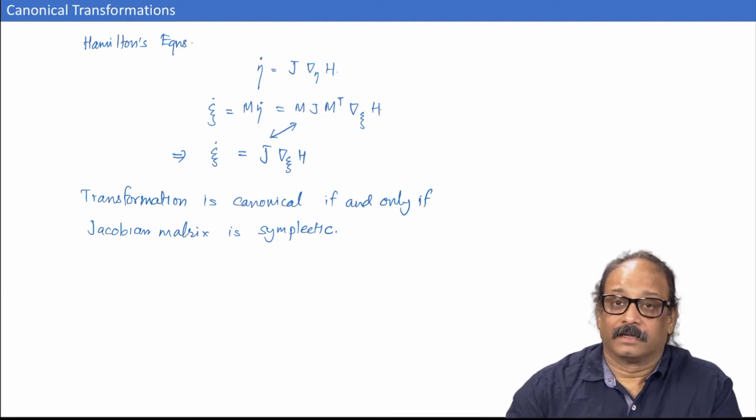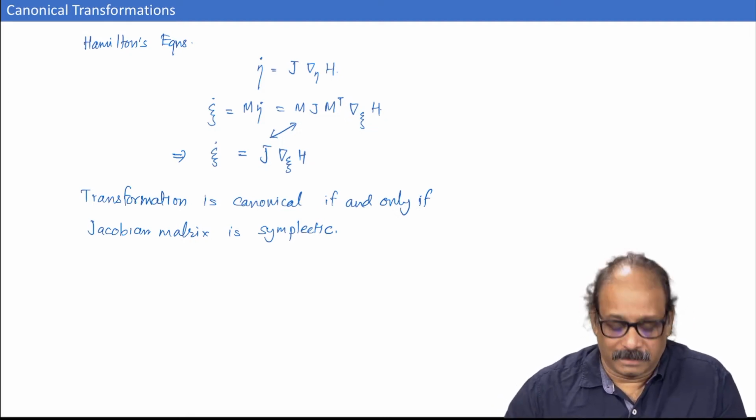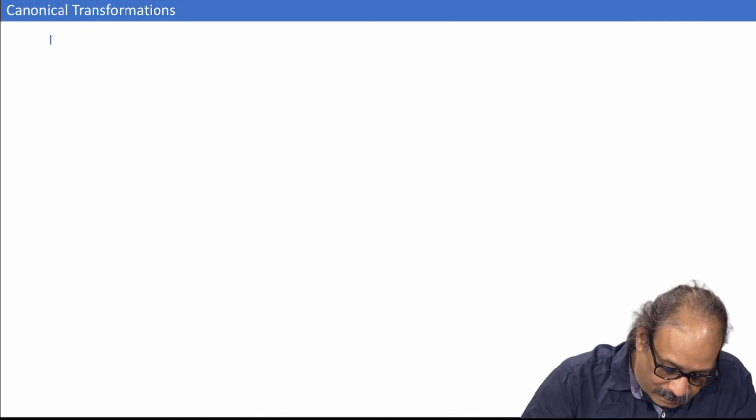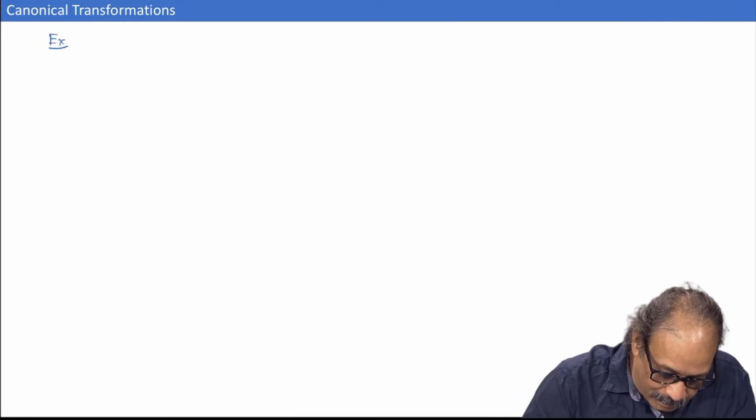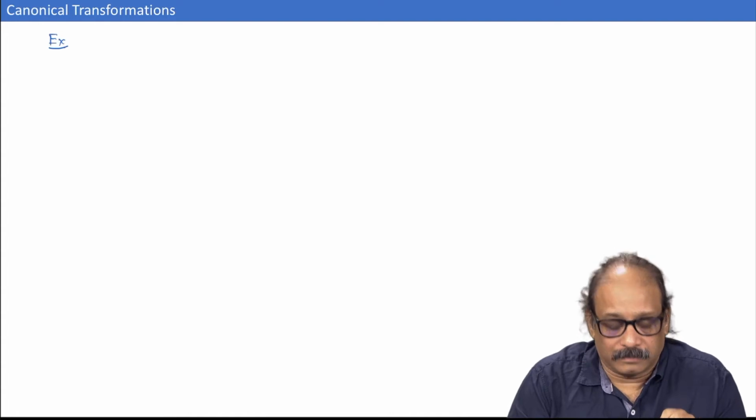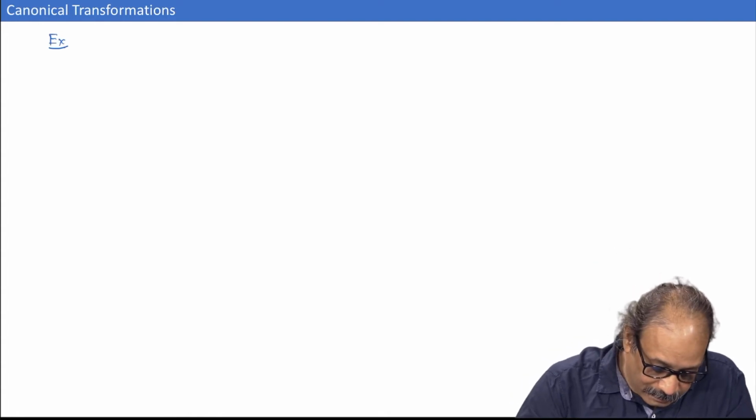Okay. I will immediately apply this to some examples. So, if I take first example as an identity transformation. Okay. So, in identity transformation you have capital Q i must be equal to q i and capital P i must be equal to p i.